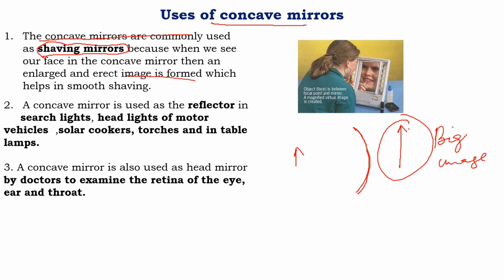So the image formed helps in smooth shaving because you can see the smaller things a little bigger. Concave mirror is used as a reflector in searchlights, headlights of motor vehicles, solar cookers, torches and in table lamps. And last one, by the doctors to examine the retina of the eye, ear and throat. So these are the uses of the concave mirror which you should learn and you should know.